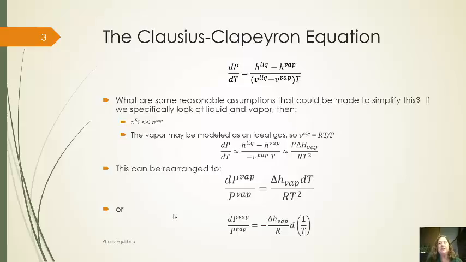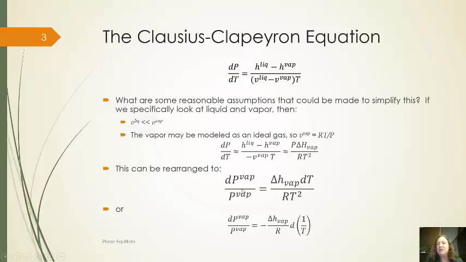So V liquid minus V vapor is now just going to be negative RT over P. H liquid minus H vapor is negative enthalpy of vaporization, so delta H vaporization. That negative cancels with my negative from down here. So I get P times heat of vaporization over RT squared is dP/dT.